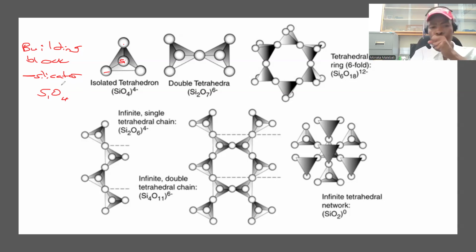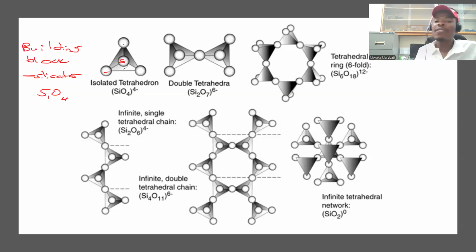Now, like I said, these pyramids or building blocks are like puzzle pieces: when you bond them together, they give you a certain picture, a certain silicate with certain properties.